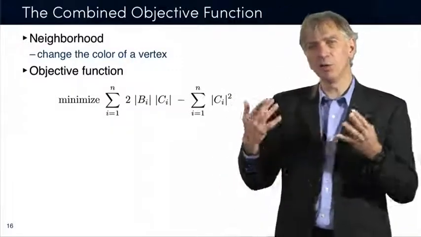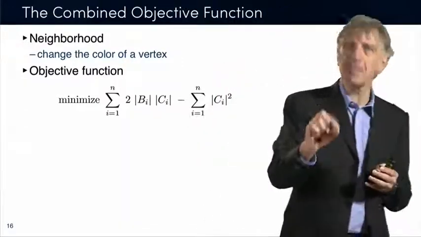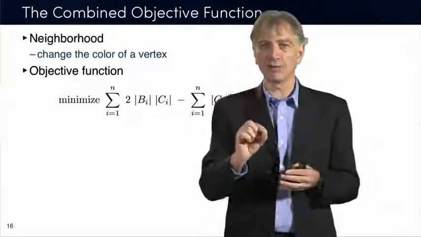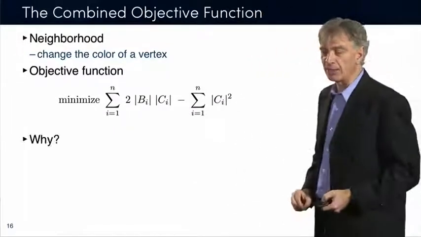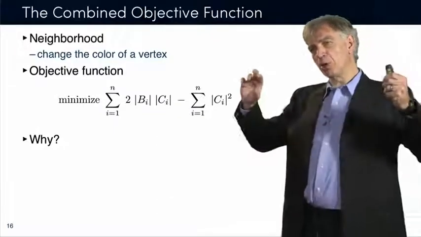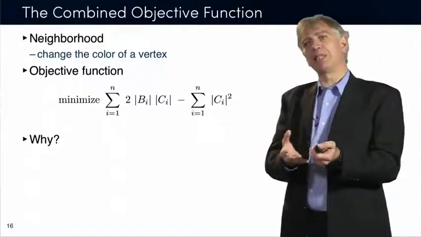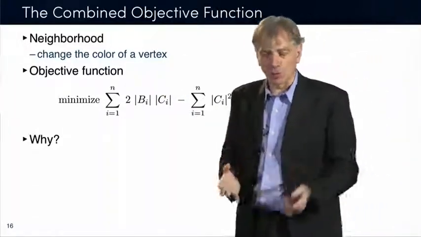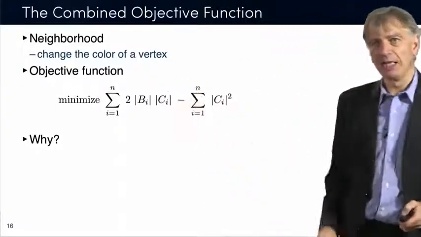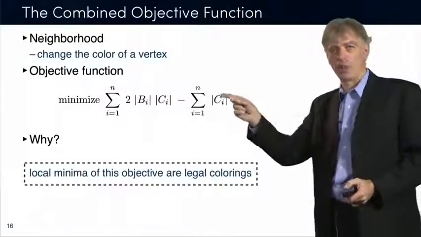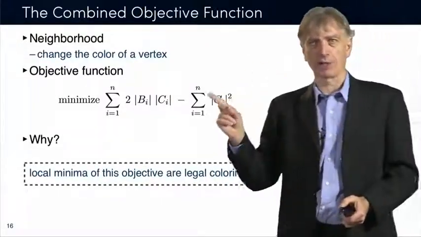So you have no guarantee that when you reach a local minimum, you actually have a feasible solution, a feasible coloring. In a sense, you don't know at that point that this minimum is actually giving you a solution to your problem. What this objective function does for you is that it guarantees that local minima are going to be legal colorings.